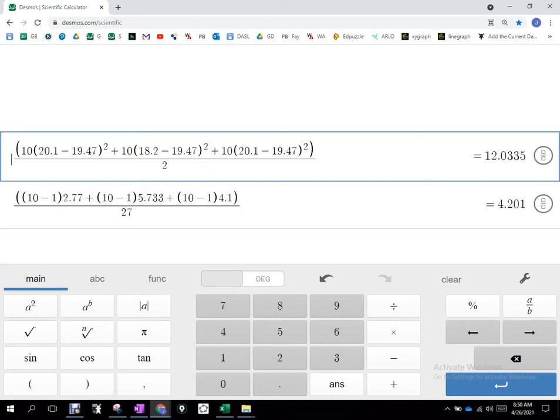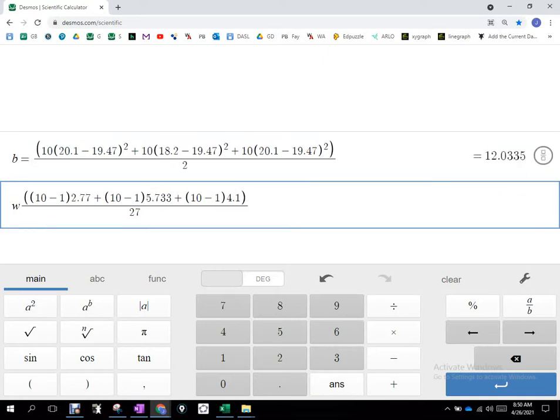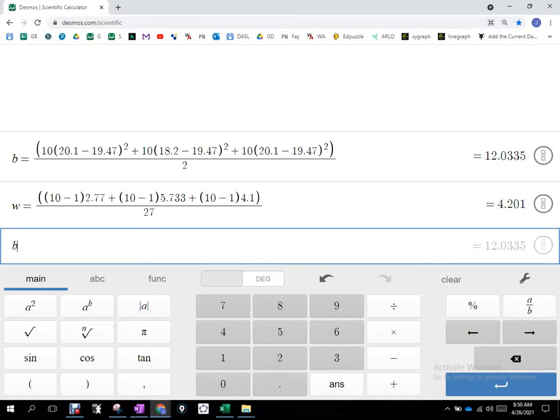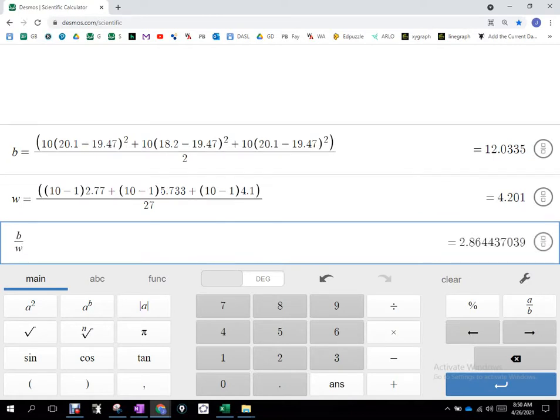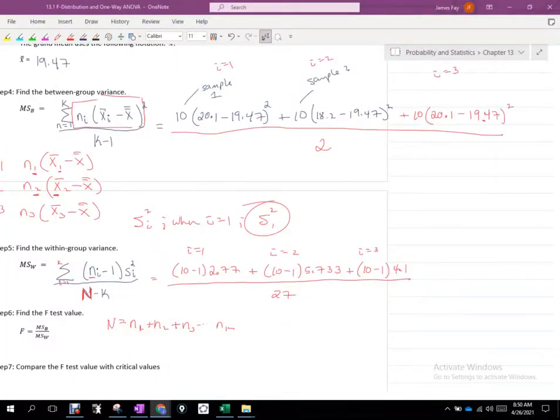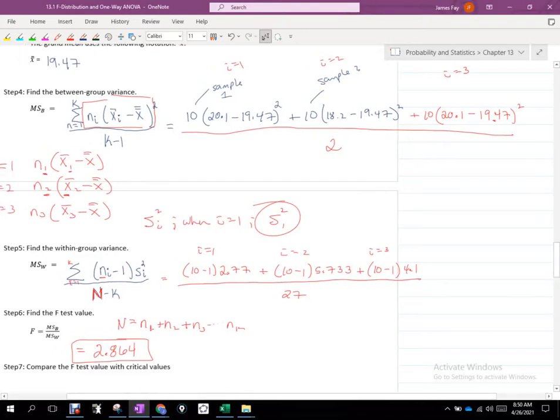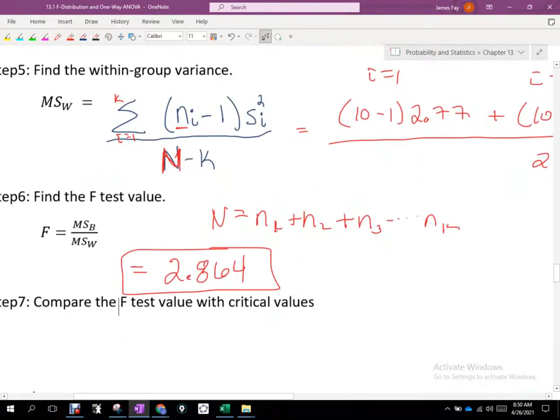I'm going to call this B for between and this W for within, and down here I take between divided by within, and I get 2.864. That number right there is referred to as our F statistic.